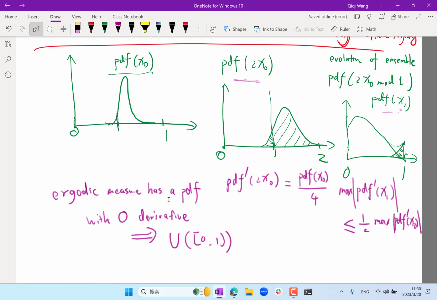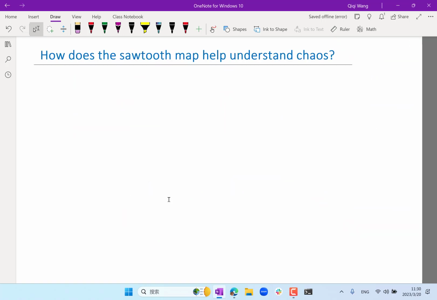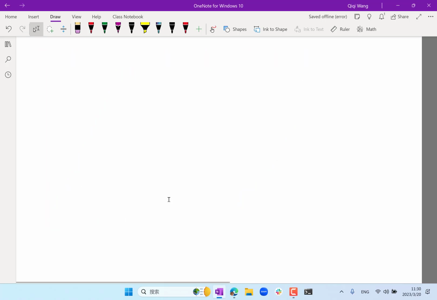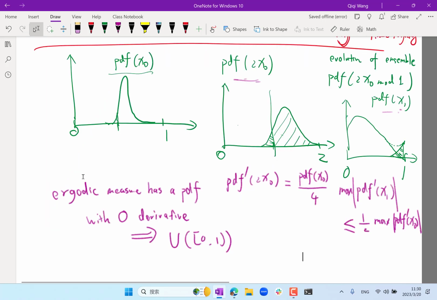Okay, so this is true for any system for which the unstable direction is uniformly expanding. By uniformly expanding, I mean something like the Lorenz equation, where everywhere the derivative is greater than 1, right? An expanding map. This is in contrast to some more complex chaotic systems we'll study later, in which on average we still have an expansion, so the Lyapunov exponent is still positive, but there are regions where even the unstable direction contracts.